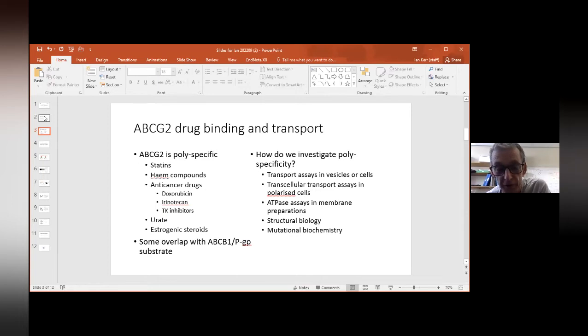And there's been a lot of advances in that for ABCG2. And then there's also a whole range of mutational analysis. Can we somehow perturb the pump and show that that affects drug binding and transport?